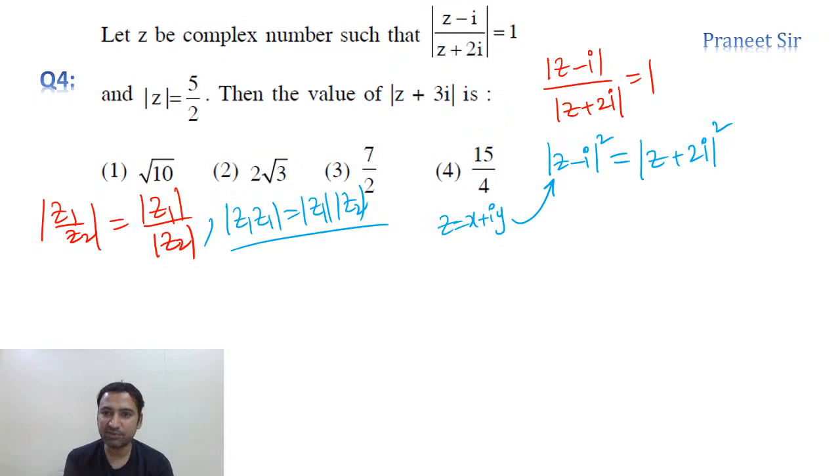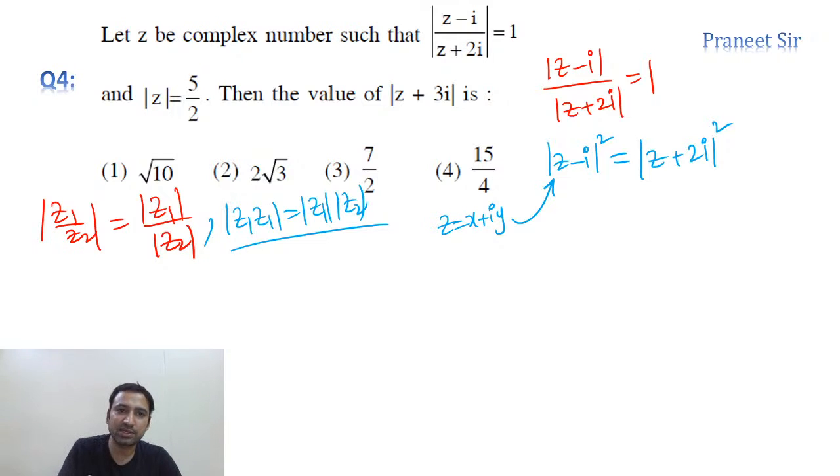Right. So I'll give you 1 minute, guys. Solve this question. Mod z minus i whole square is equal to mod z plus 2i whole square. That is one condition.